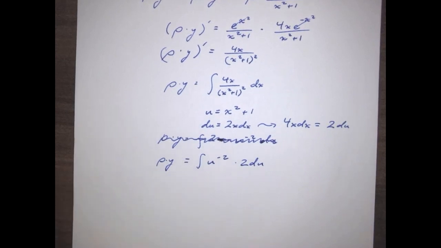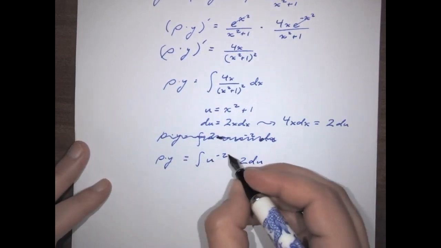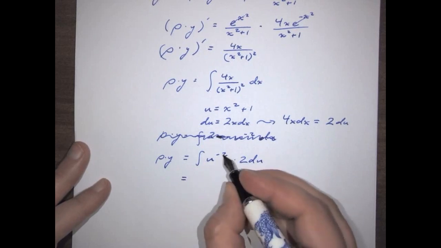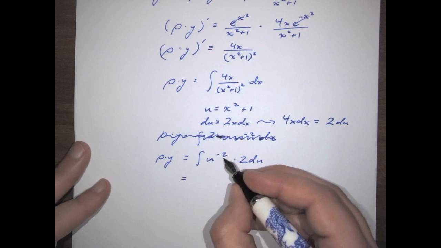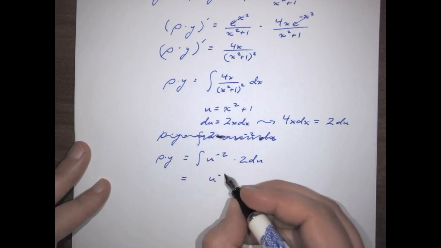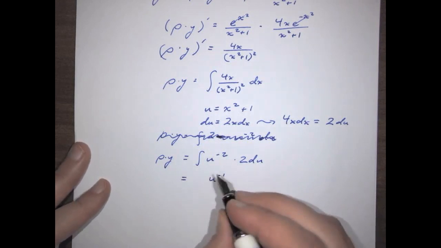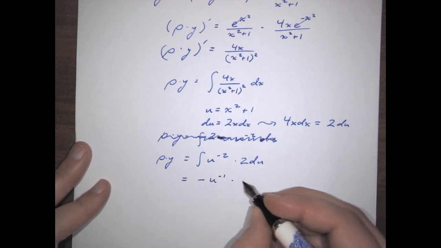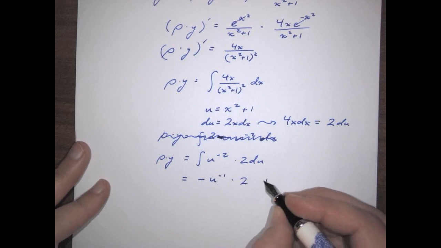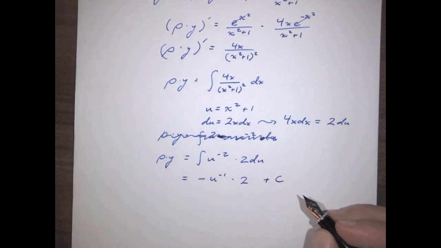There it is. And now we can anti-differentiate this using the power rule, add 1 to the exponent and multiply by the reciprocal of that. So the exponent is going to become u to the negative 1, and then the reciprocal of that is just going to be negative 1 as well, times 2. Now we got a plus c finally.